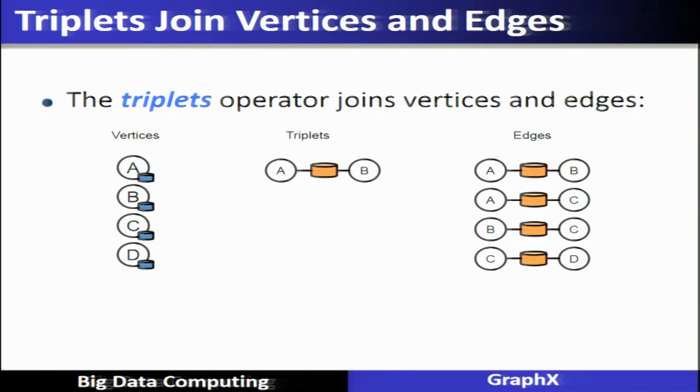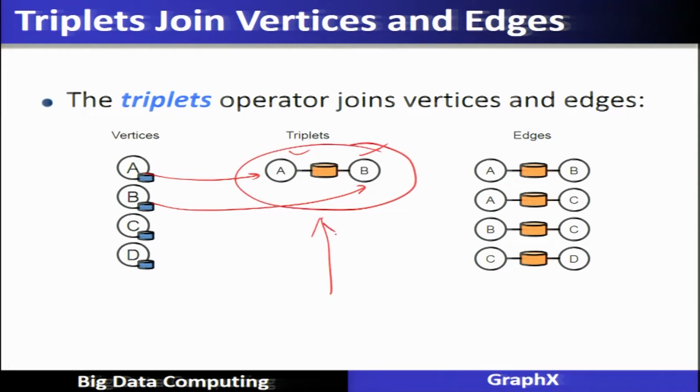So, if this is the edge between A and B, it will also combine with both the vertices A and B along with this edge, and this is called a triplet. So, a triplet means the edge plus both of its vertices.